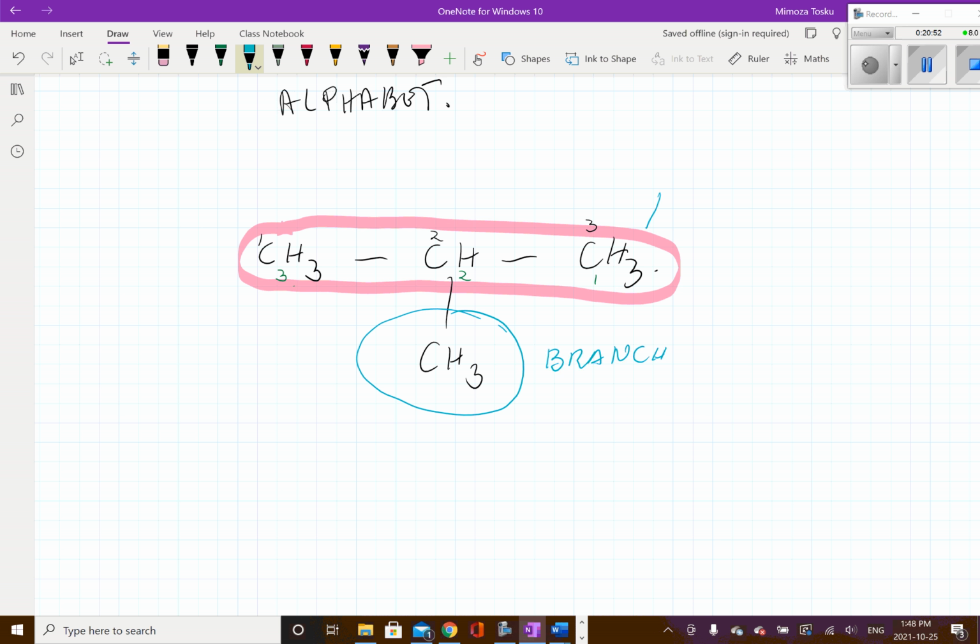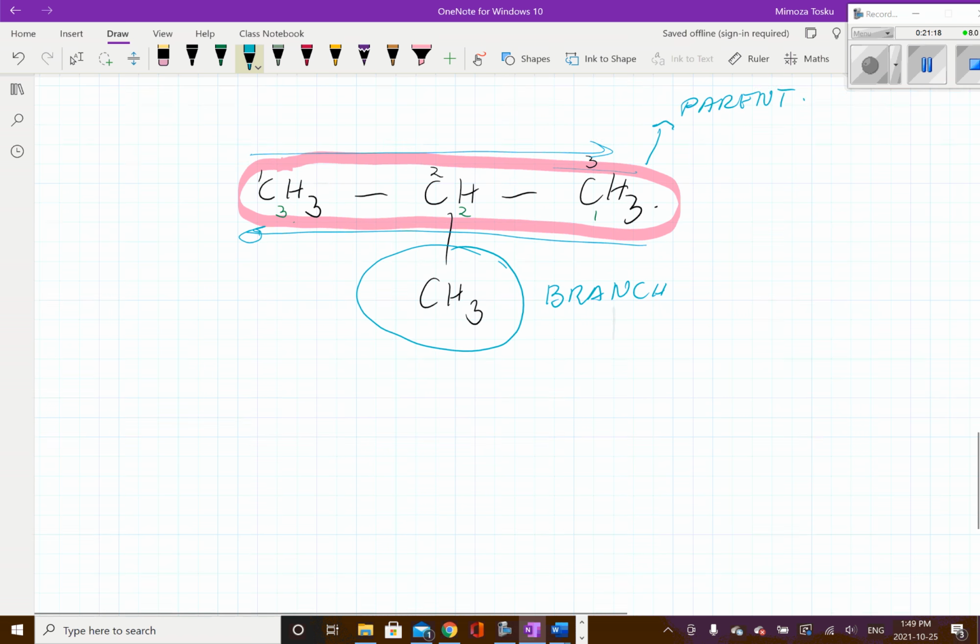If this is the parent or the longest chain, then this is the branch. The branch, any way that you label the chain, either from left to right or from right to left, is on the second place. So it doesn't really matter which way you are labeling it.